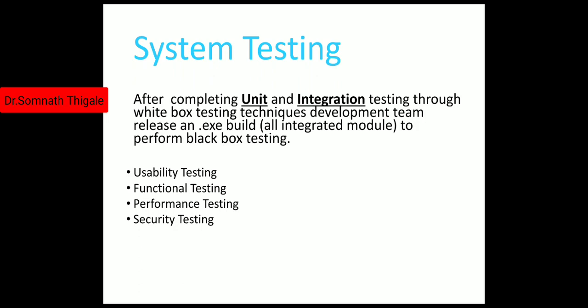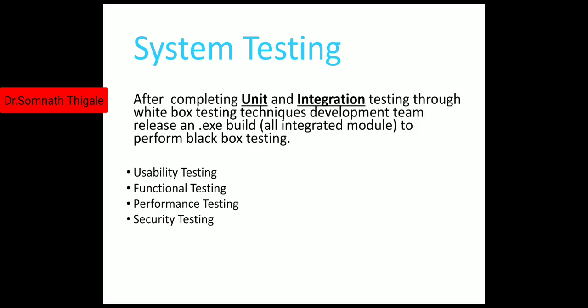Second is functionality testing. Functionality means whether all the functional modules are present in the system or not, and whether all the functions are working properly or not. We call it functional testing. Next is performance testing. It means to execute a particular operation, how much time your system takes. That is what we call performance testing.